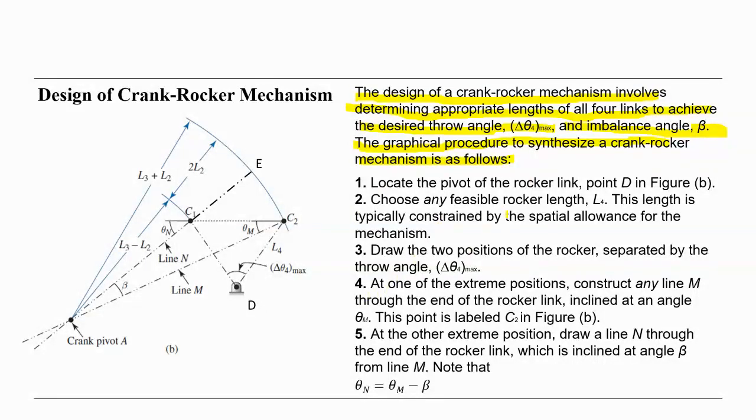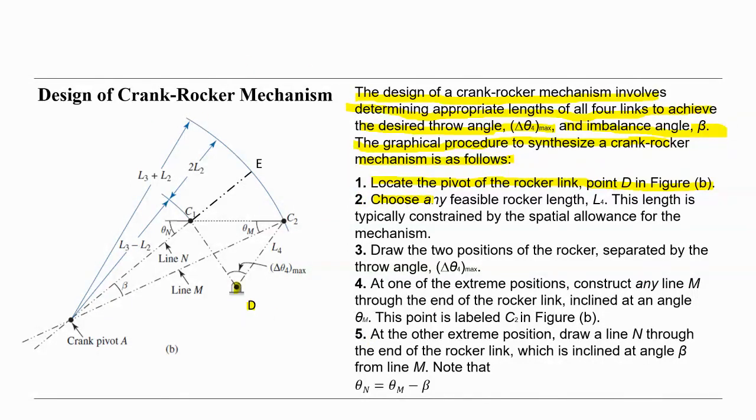You see step by step. First, locate the pivot of the rocker link, point D in figure B. So we select the point D somewhere. This is the point the rocker is turning about.